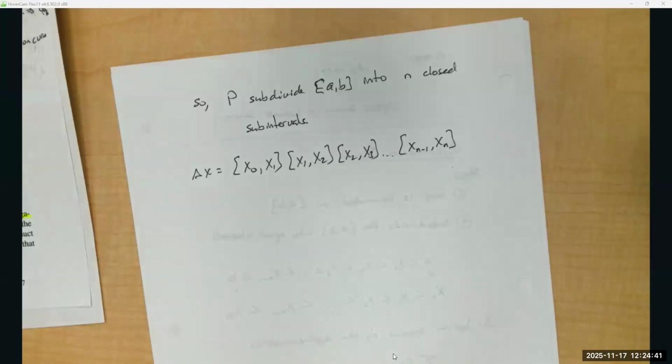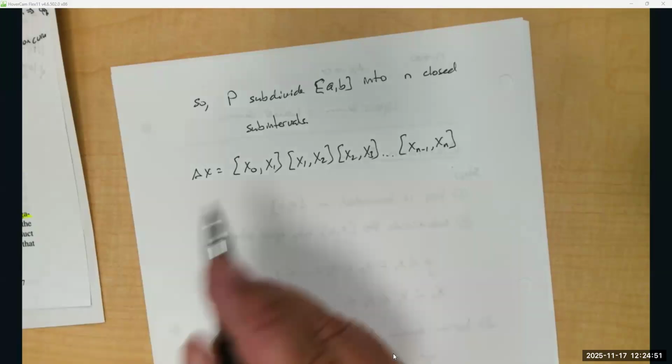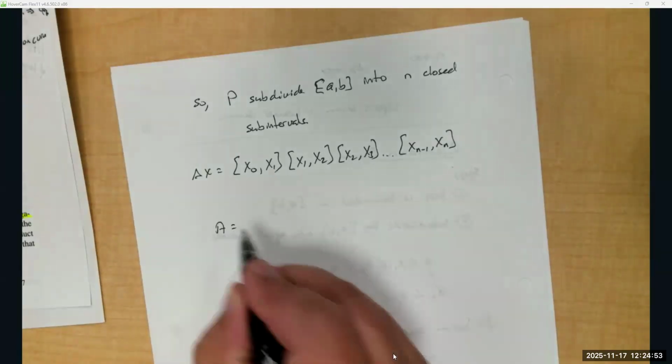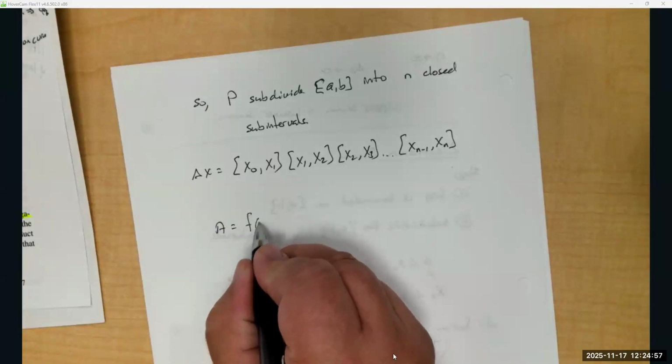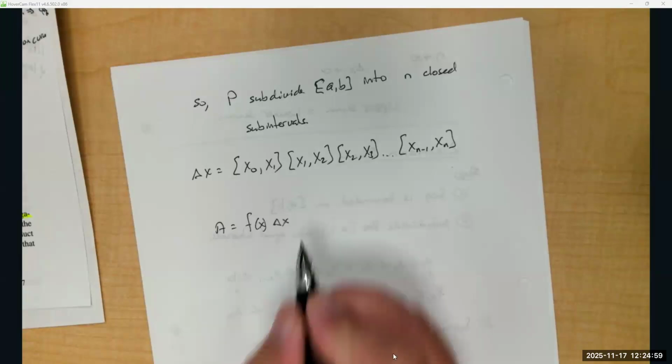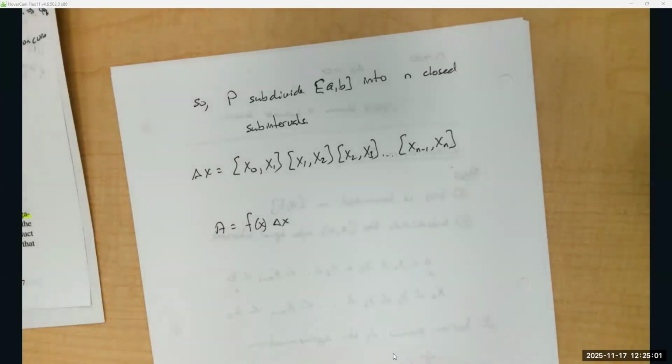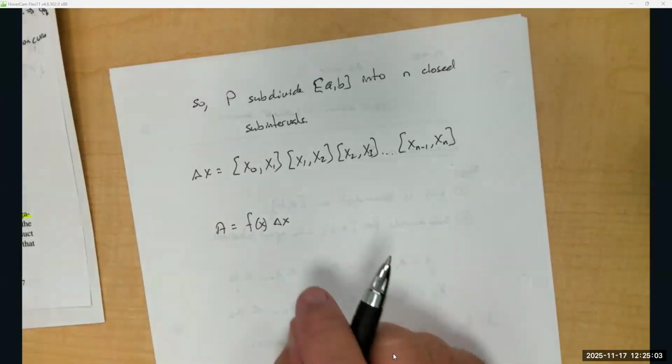Now, when we look at this, do all the values have to be positive? When we find these areas, do all of them have to be positive?